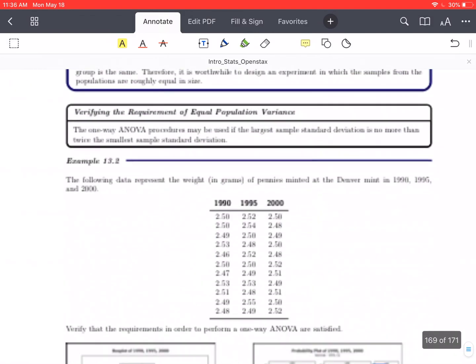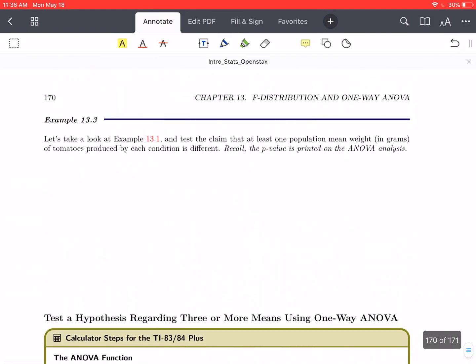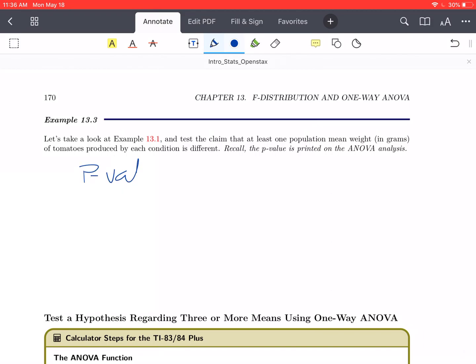So let me get back to this space here. So we saw that the p-value was approximately 0.025, which is less than 0.05, which is alpha. And again, it didn't specify anywhere in here what alpha is, and when that's the case, we just assume it's 0.05. Okay.